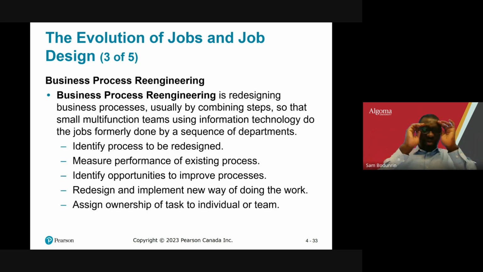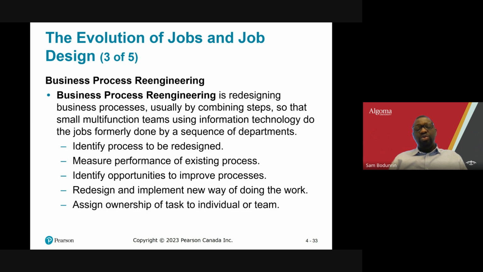Now, business process engineering is another one. So basically, what is BPE? Business process engineering is a way where we revamp or redesign a business process to be more efficient and more effective. For instance, if you want to order a pizza, the pizza should get to your doorstep within 15 to 30 minutes. If it's getting to 1 hour, 2 hours, that means there's something wrong with their process.